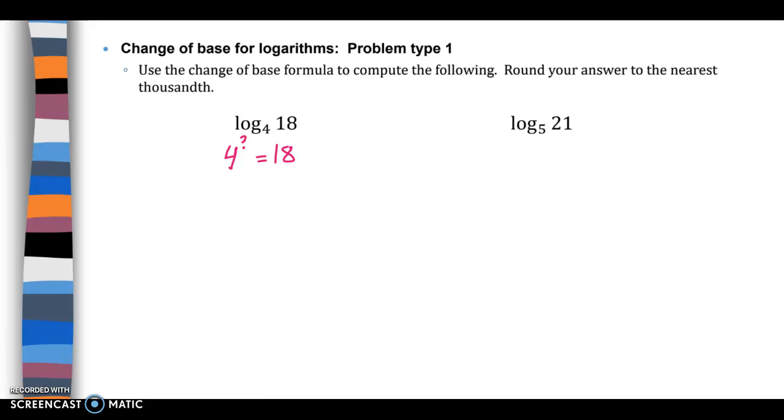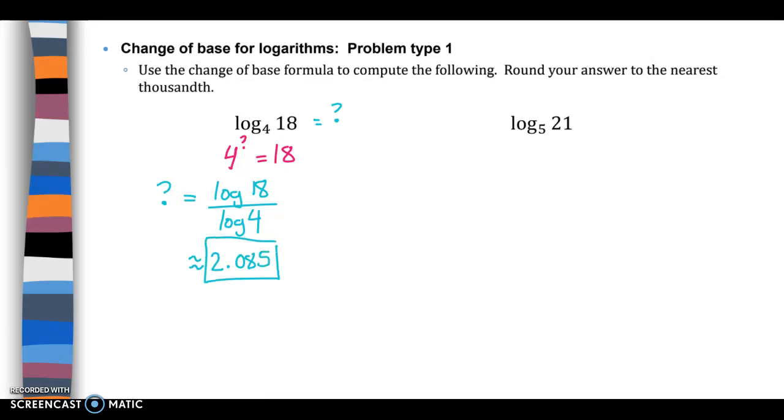Change of base formula says the value of our log expression is going to equal log of 18 over log of 4, or natural log of 18 over natural log of 4, but we'll get the same thing. When we plug that into the calculator, we'll get approximately 2.085. And you can check it.